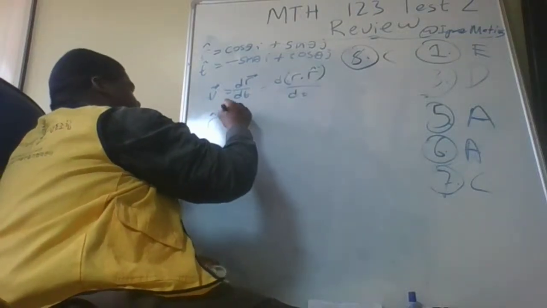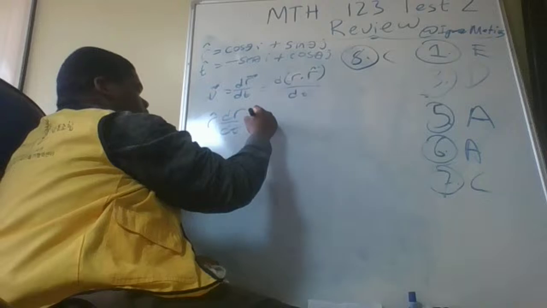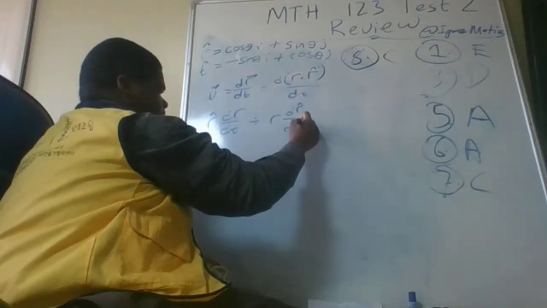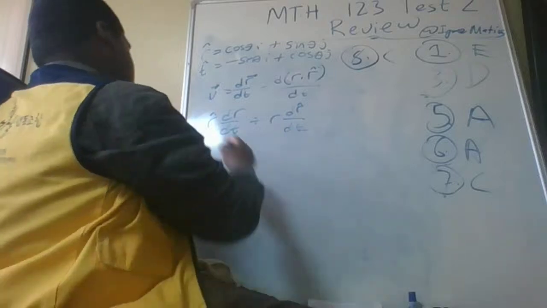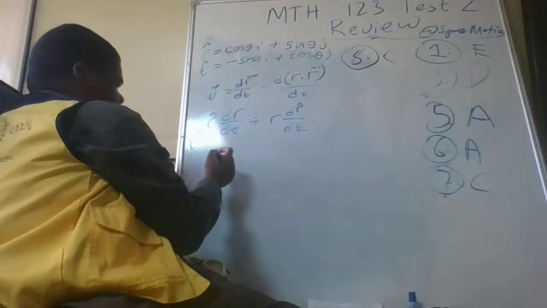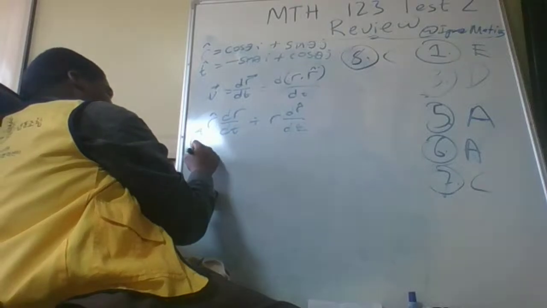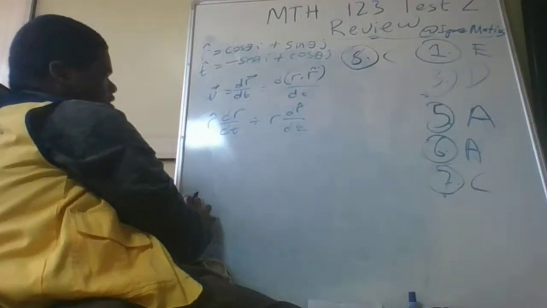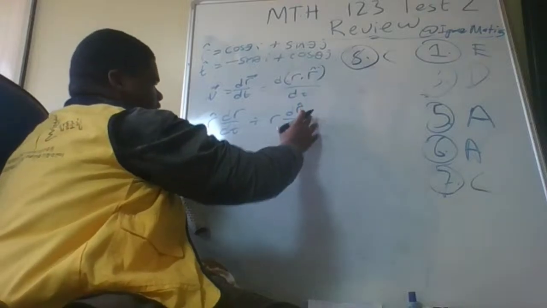So we have this dr dt plus r times d of the unit vector dt. This is already our radial component of velocity. Our radial component is going to be dr dt. But now let's find our transverse component. The transverse component can be gotten from here.